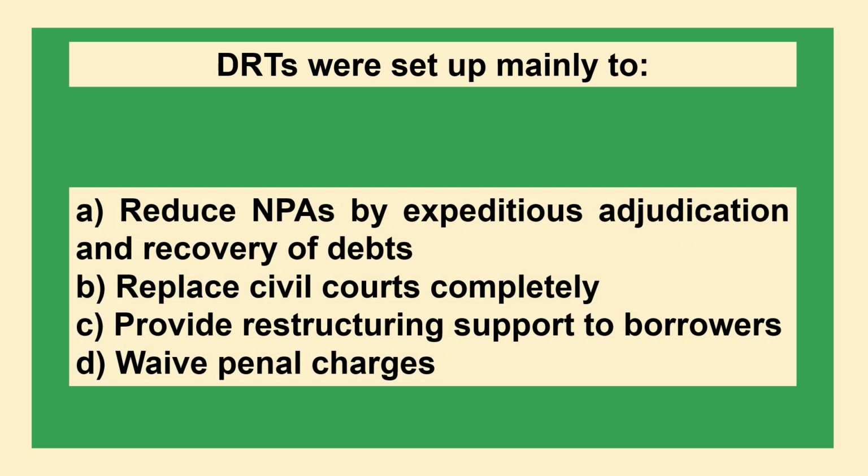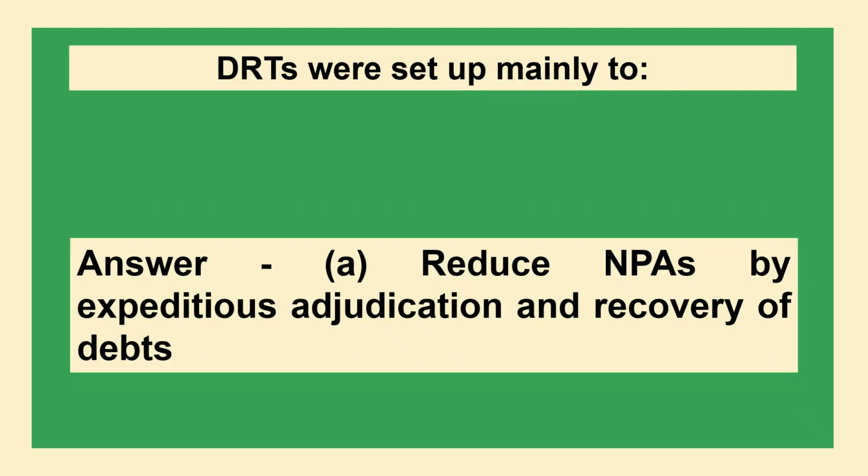DRTs were mainly set up to option A, reduce NPAs by expeditious adjudication and recovery of debts, option B, replace civil courts completely, option C, provide restructuring support to borrowers, option D, waive penal charges. The answer is option A, reduce NPAs by expeditious adjudication and recovery of debts.